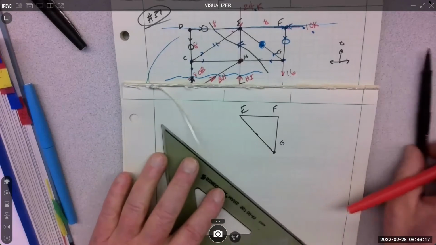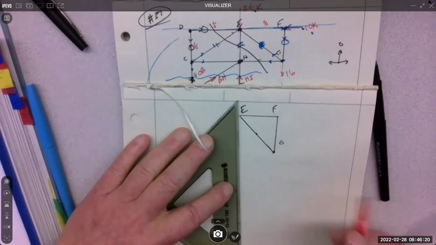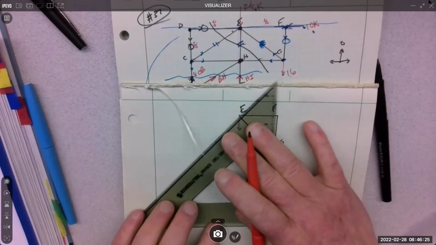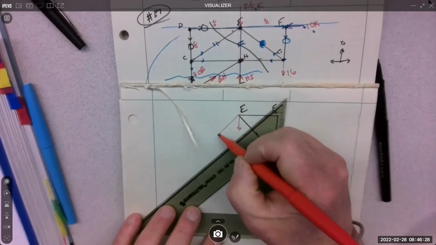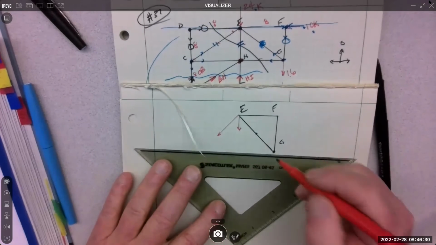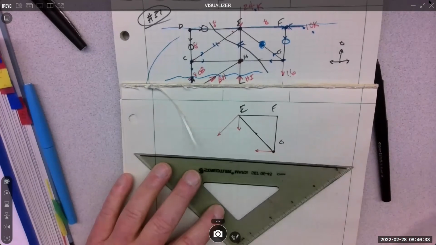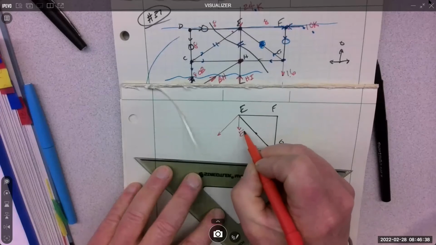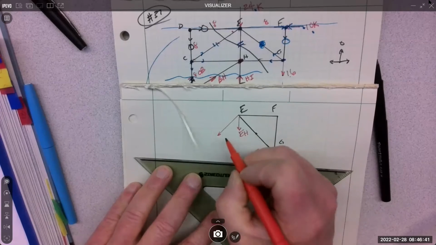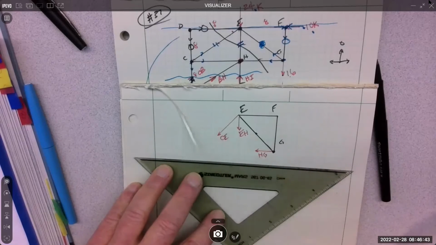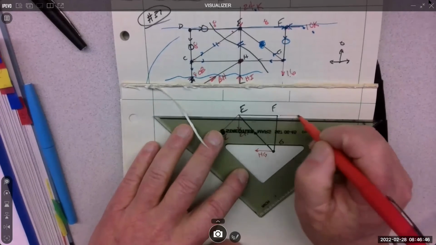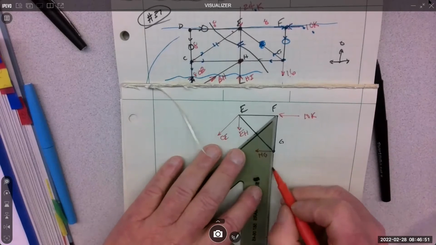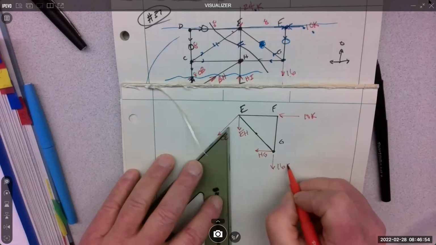That's the structure. And we have an unknown here, unknown here, unknown here: HG, EH, CE. And then we have 10K. You can't forget those externals. That will definitely mess things up.